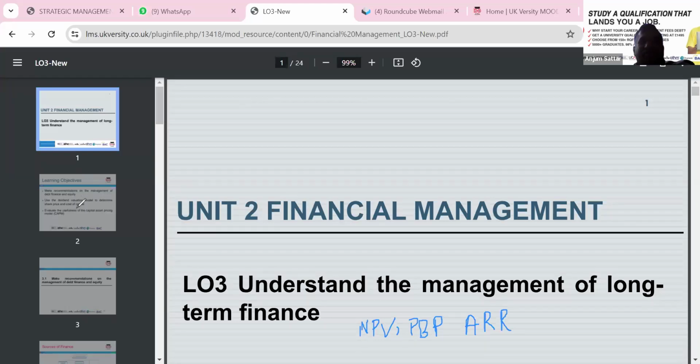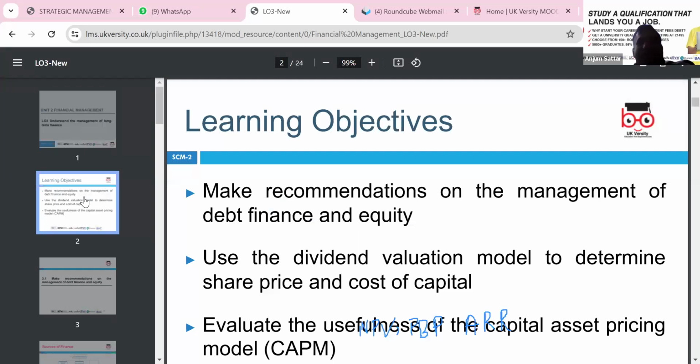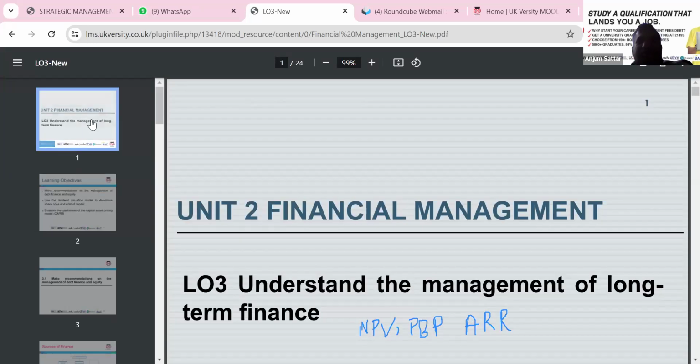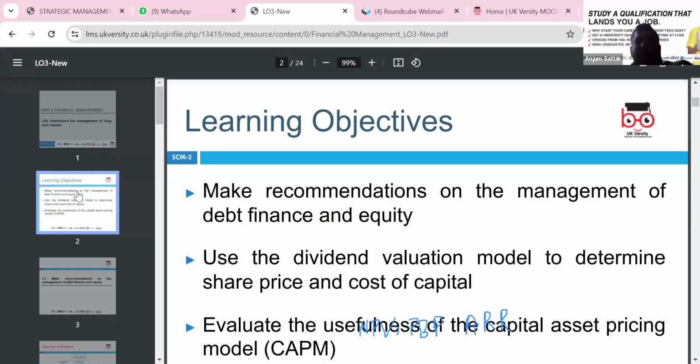And today's lesson key focus is learning outcome 3, which is more about financing and long-term finance. If you want to borrow money long-term, there are two ways: debt financing and equity financing.